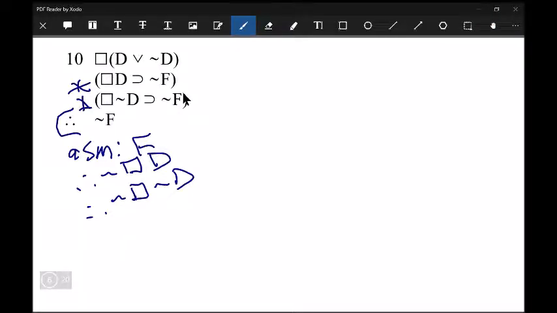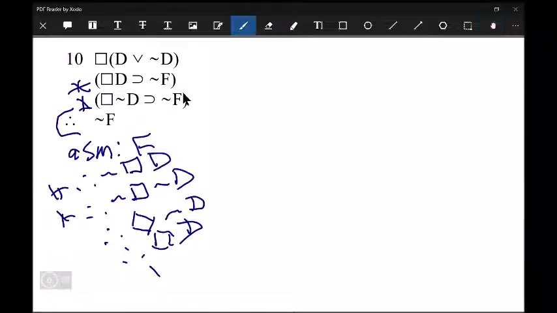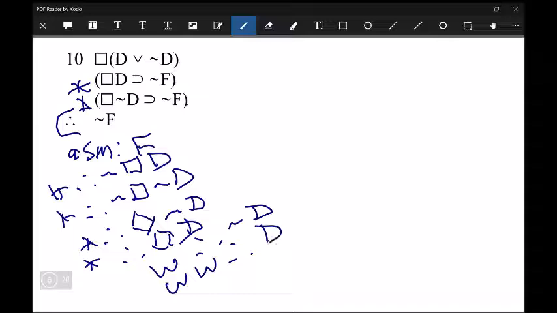And so you have possible not D and possible D. And then you have in world W, you have not D, drop the diamond into new world. Drop this diamond, it's got to go into another world. So you have D. So you have two possible worlds. One in which you don't do it, and the other in which you do it.